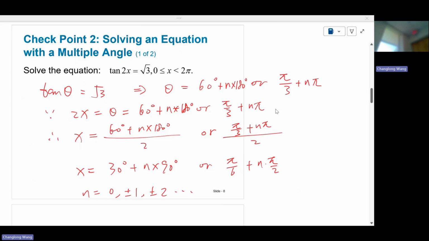So I want to know at what angles tangent will be radical 3. So let me type in a constant function, radical 3. It doesn't do that. Okay, let me type in y equals radical 3.